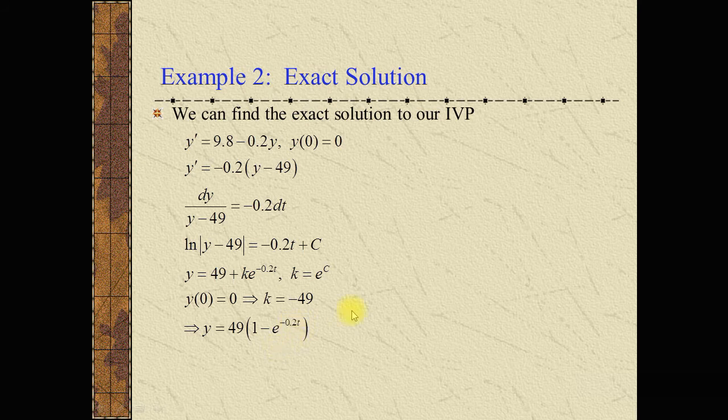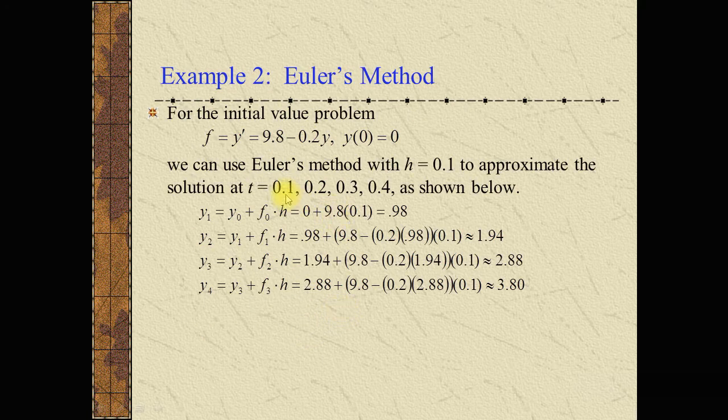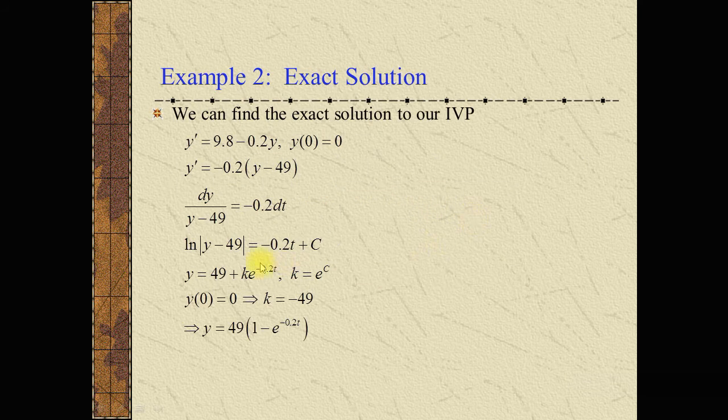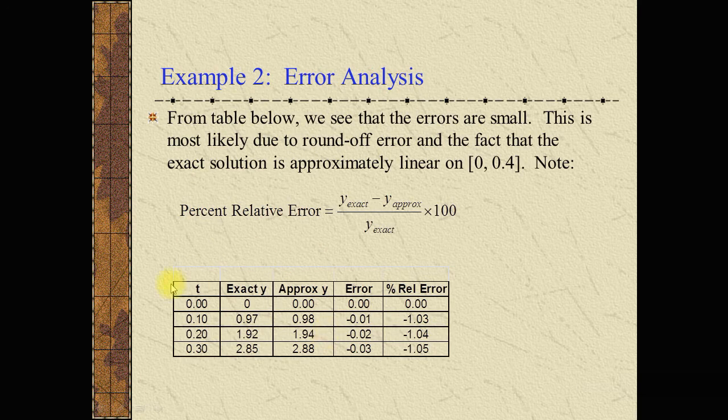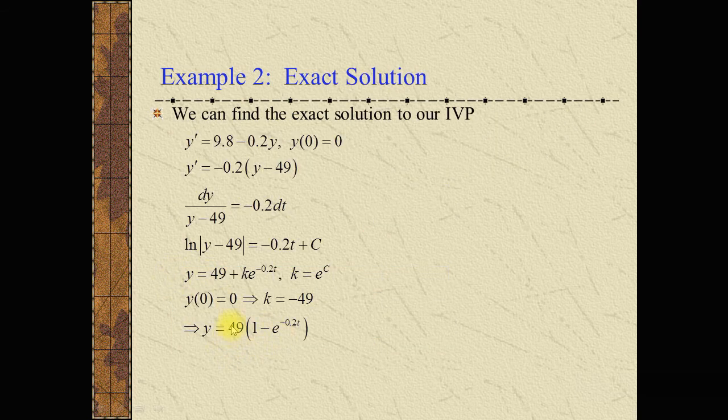So putting t is equal to 0.1, 0.2, 0.3 and 0.4, like you see in this problem, we can obtain the exact values from this exact solution, as you see in this table. These are the values of t: 0, 0.1, 0.2 and 0.3, and putting all these values in the exact solution formula, this is the exact solution.